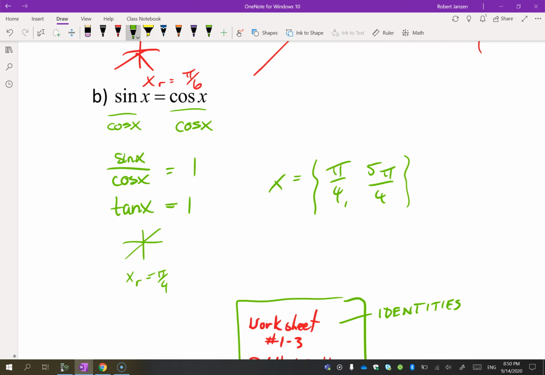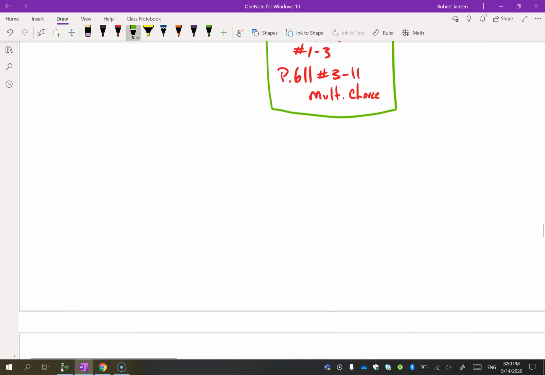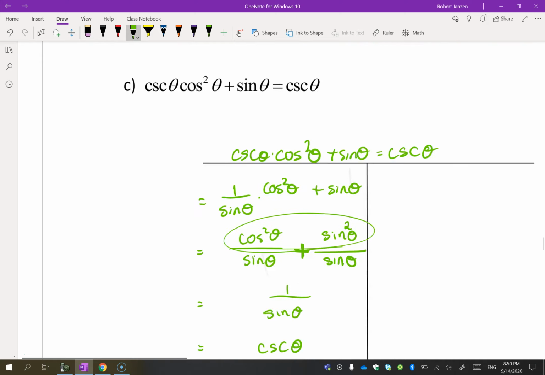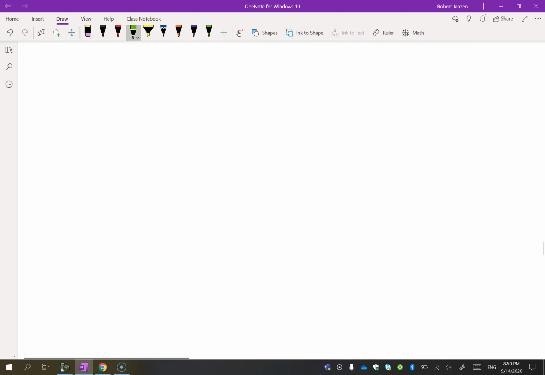Okay, so that's a trick. If you see sine equals cos, if you divide by the same thing, you end up with just one ratio, just tan. It's hard to solve questions with two trig ratios. We want to get to the place where there's only one ratio. Okay, so there's a couple, and then there's one more in this lesson we just completed. So let's go to that.